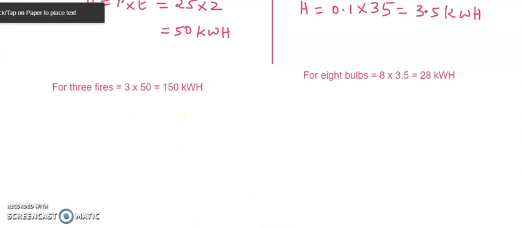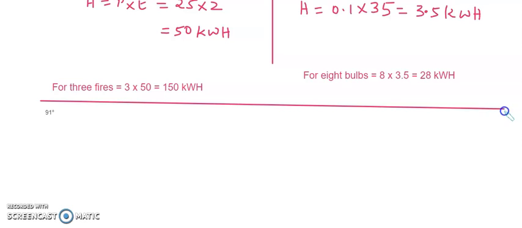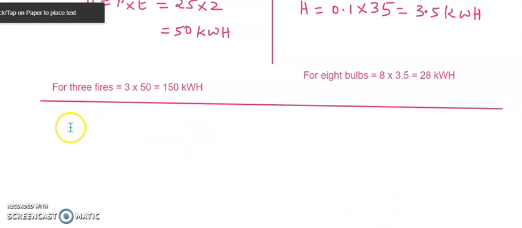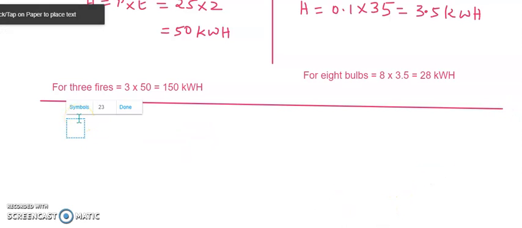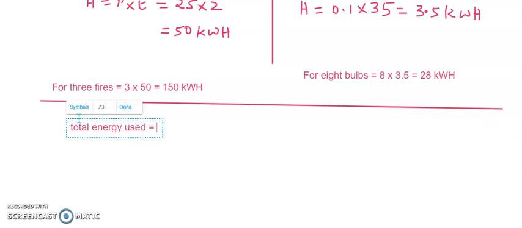Now the total energy used. So I'm going to draw a line so that it is bifurcating it. Now the total energy used by 3 fires and 8 bulbs is 150 plus 28, which is equal to 178 kilowatt hour.